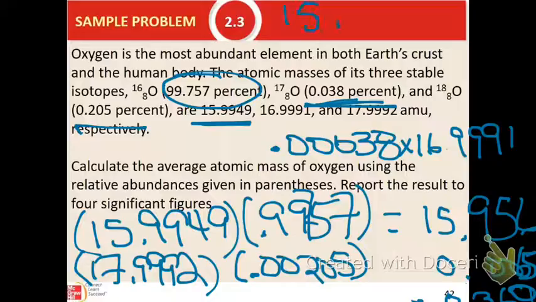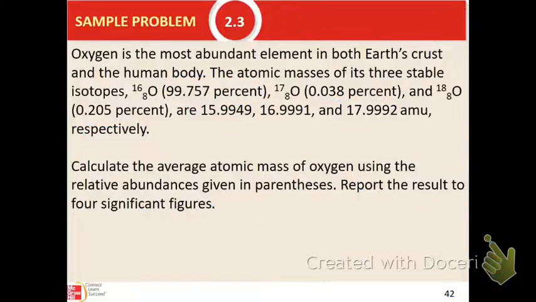I got 15.99939 something AMU, which on the periodic table, if you look at oxygen number 8, it's got 15.9994 on the periodic table that I'm looking at. Okay? That is how they get those numbers, and that is what you're going to be asked to do as well, is to calculate the atomic mass for those different elements.